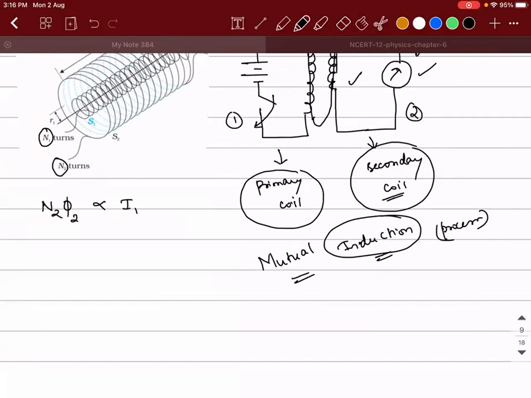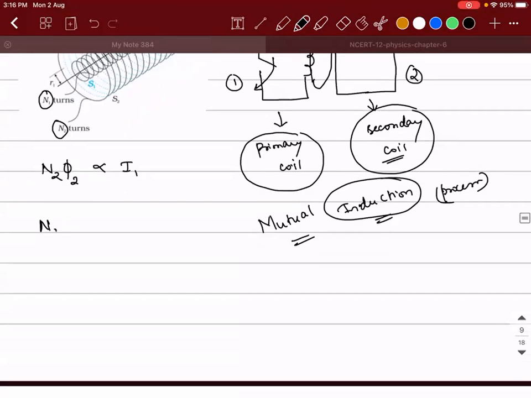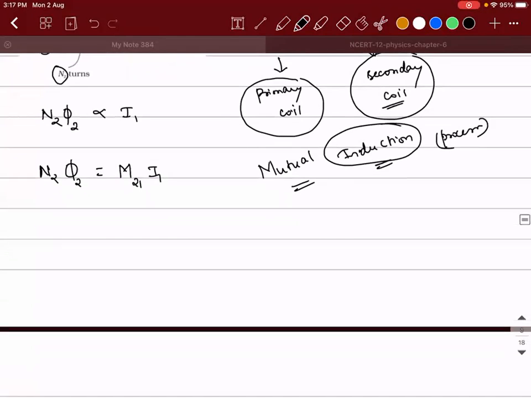So if you remove the proportionality symbol, we can say N2 into phi2 is equal to M21 into I1. M21 stands for the mutual inductance of the second coil with respect to the first. Then M21 can be written as N2 phi2 divided by I1.